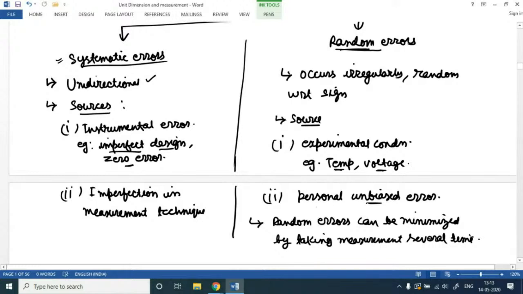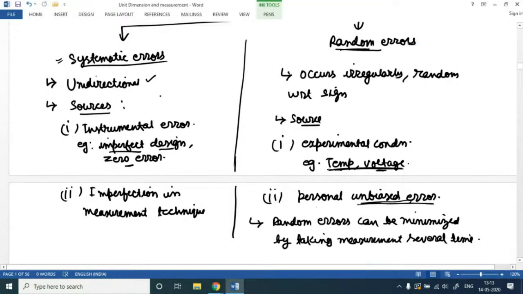When you increase the number of measurements, basically you are averaging that unbiased error, or averaging any fluctuation in experimental condition etc. So you must understand, systematic error can be minimized also, and random errors can be minimized also.